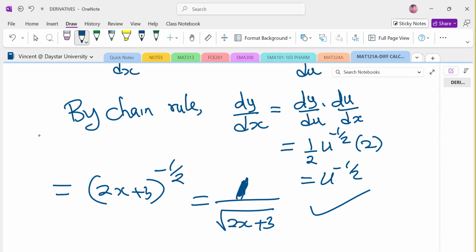I hope if we stop there, it's okay. Or should we give more examples? Or you have understood what is happening? Should we give more examples on chain rule? Or you have understood, you can now apply it to other examples?